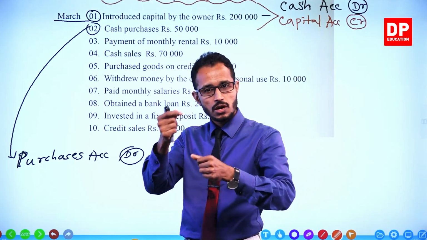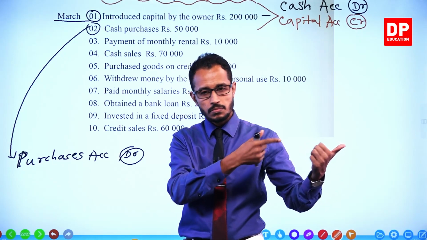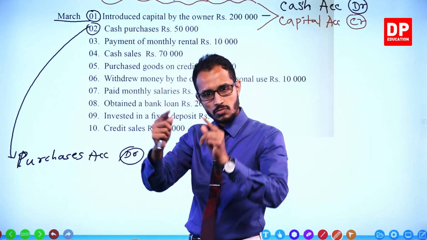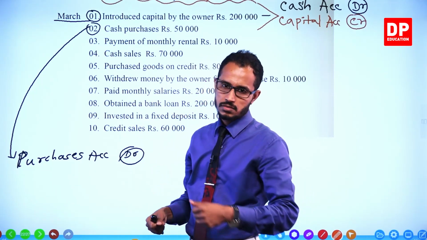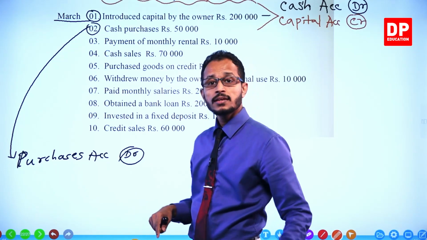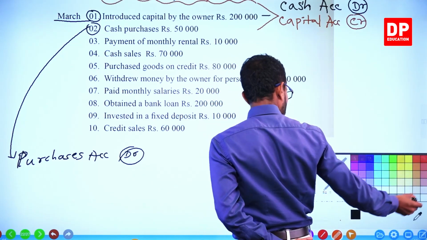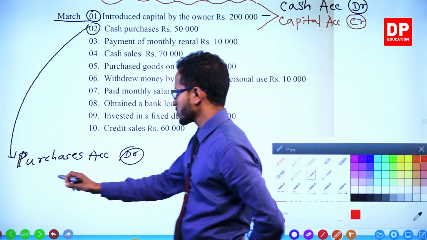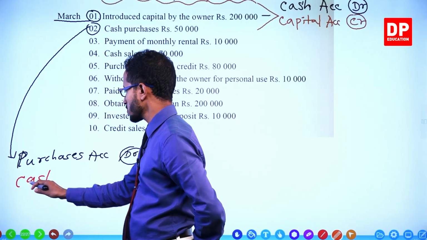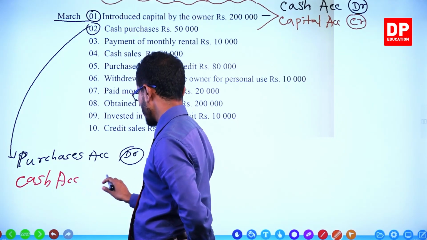Cash goes out of the business, because for the goods that you bought, more and more cash should be paid. Then cash decreases, or cash out. Outs are credit, which means cash account is credit.